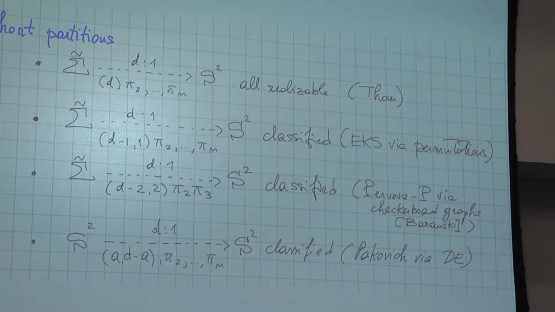So I spoke of techniques, and now I will switch to something else. Since it seems difficult to understand the general pattern, maybe you can try to understand special types of partitions. One case that was studied is the case where one of the partitions is small. First, it's an old result of René Thom that if one of the partitions is (d) only, then it's always realizable.